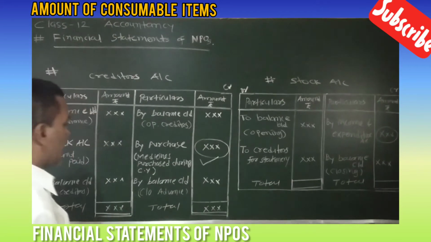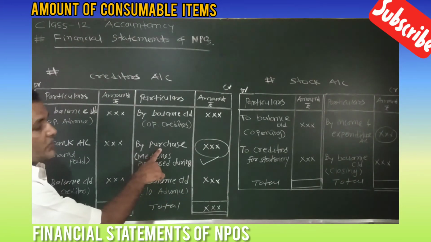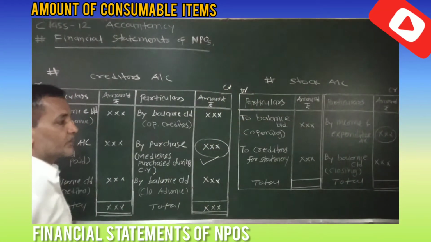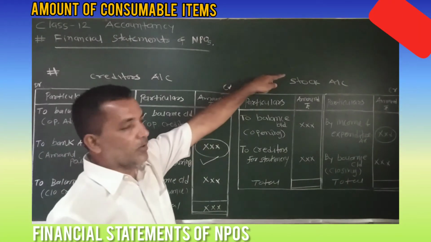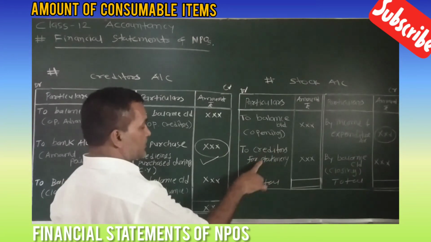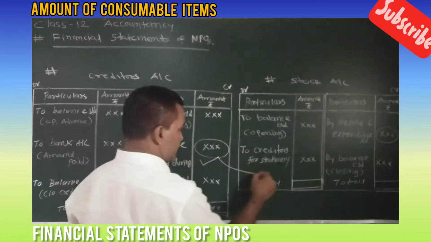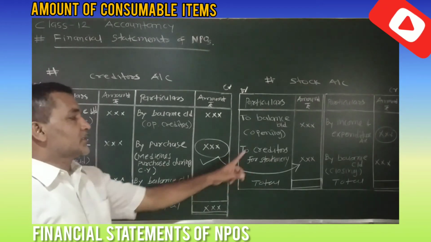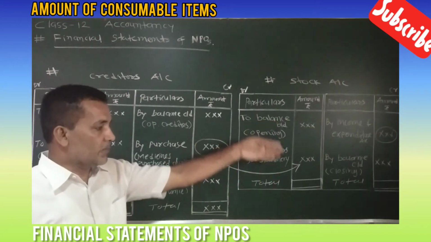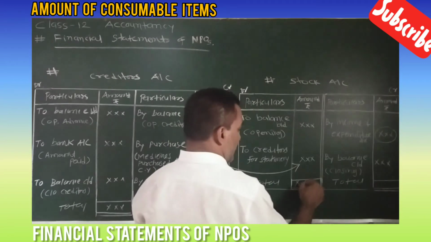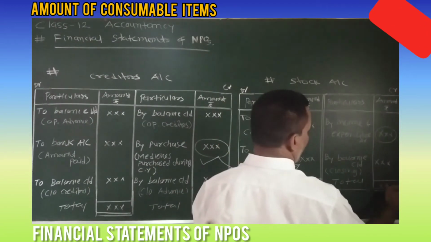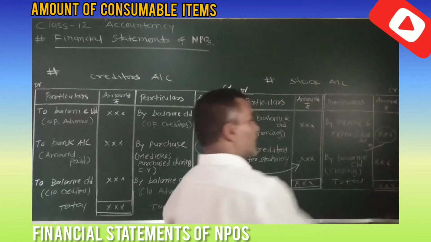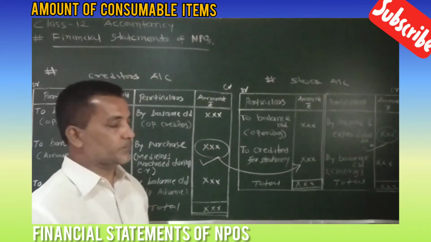Then the amount of credit purchase which you have found in the creditors account is recorded on the debit side of the stock account. To creditors for stationery, this is the amount. You have to make the total. The difference will come here on the credit side, and this is your amount of consumption.